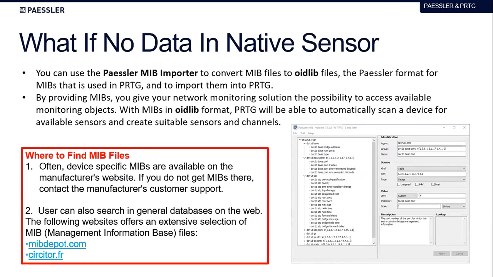So where do you get these MIB files? You can download them from the website, or get them from your own vendor or manufacturer's customer support. We base it on the OID to capture and pull all the data. So this is another type of monitoring.